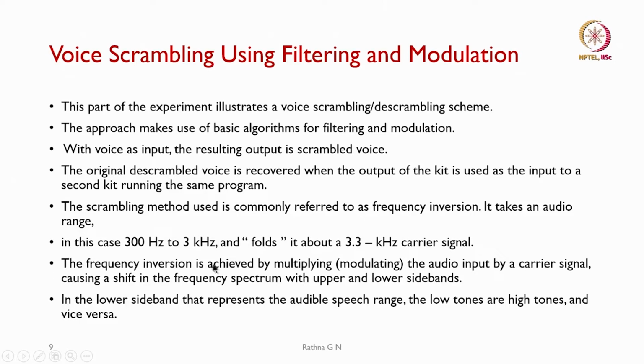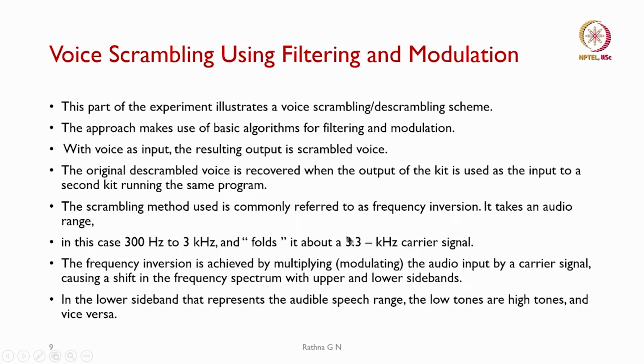The frequency inversion is achieved by multiplying or modulating the audio input by a carrier signal, causing a shift in the frequency spectrum with upper and lower side bands. So, we will be getting both the higher one, 3 plus 3.3, which is 6.3 kilohertz, and then the difference will be 0.3 kilohertz.